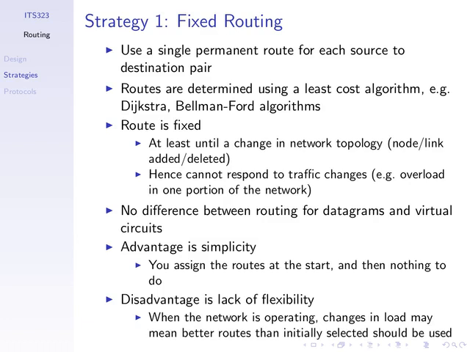The approach is that we learn about the network, the topology, the costs of links. So we discover some information about the structure of the network. Then we use that information to calculate the least cost paths from every source to every possible destination.